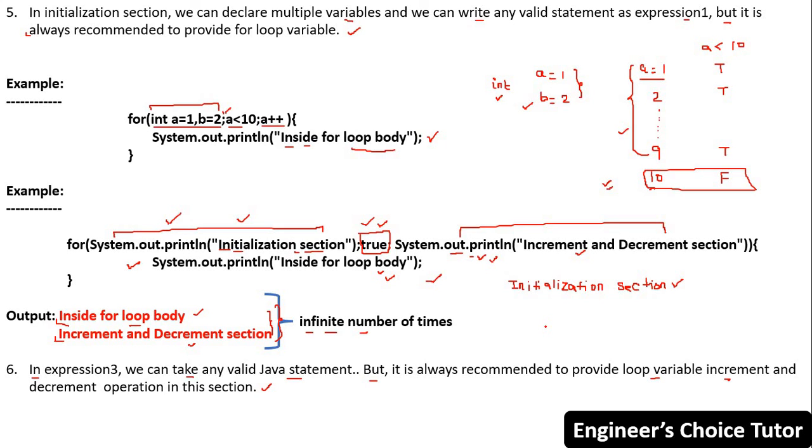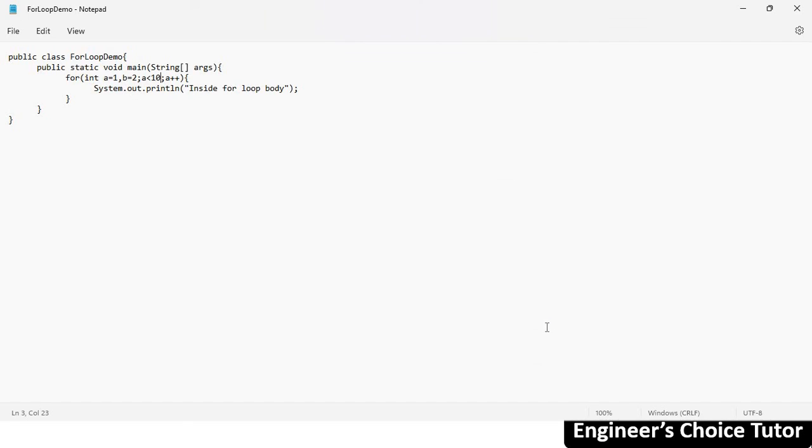Fine with this point? If you want to see this also, let me show you right away. It's good to see everything. So here, let us take a simple System.out.println. Inside this, I'm taking initialization section.